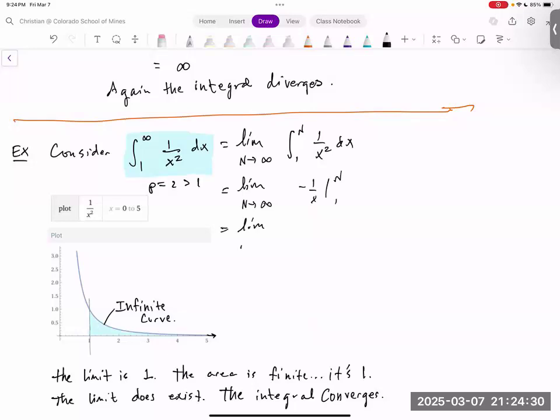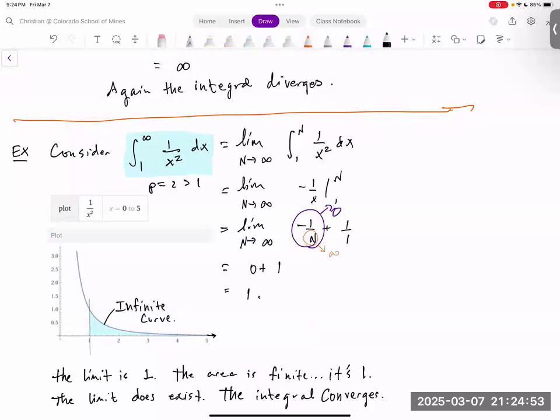Before we evaluate the limit, evaluate at the bounds. So negative 1 over n plus 1 over 1. Now, this denominator gets big, which means the whole fraction goes to 0 because it's a fixed number over something getting big. So now our limit is 0 plus 1, and it actually equals something.